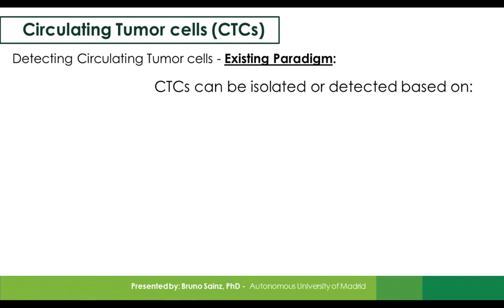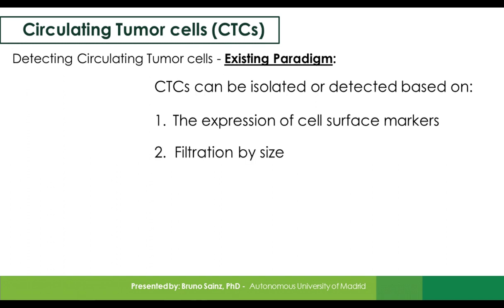Now, when we talk about circulating cancer stem cells, we tend to lump this into the category of circulating tumor cells. And detecting circulating tumor cells has been a very challenging process. The existing paradigm states that circulating tumor cells can be isolated or detected based on the expression of cell surface markers, also filtration by size.